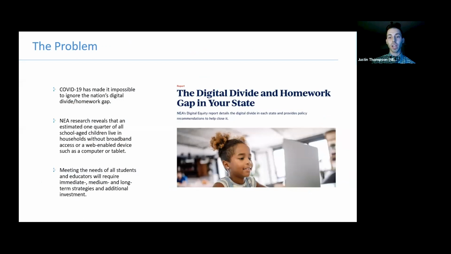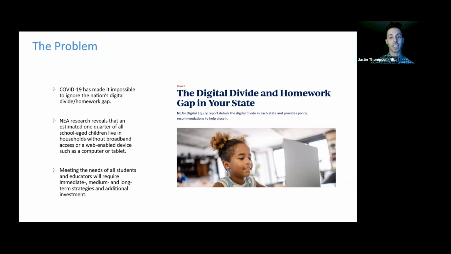As educators, we understand that all students deserve a high quality education, safe and welcoming public schools, and the training and tools that they need to thrive. But for too many students, the door to this virtual classroom caused by the pandemic is essentially blocked. The expanding use of technology and the subsequent fallout from the COVID-19 pandemic has made it practically impossible to ignore the nation's digital divide, which has worsened the already existing inequities in communities across the country.